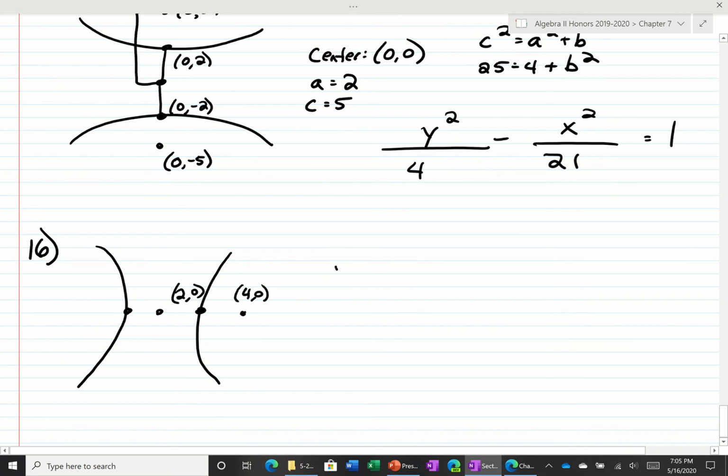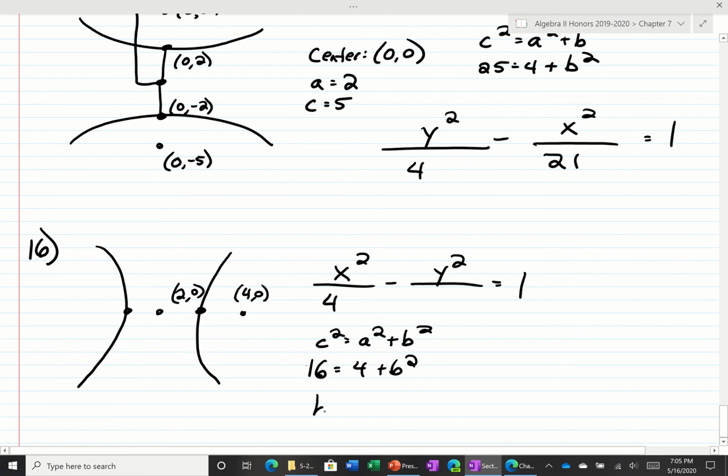But because it's horizontal, the x is going to come first. It looks like the a value is 2. So we just have c squared is equal to a squared plus b squared. C squared is 16, a squared is 4, and we get b squared is 12. Alright, so that should take care of that one.